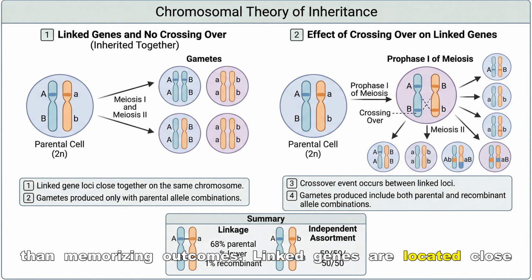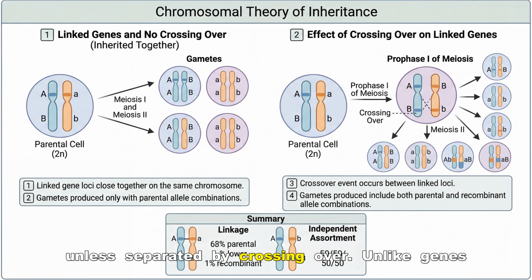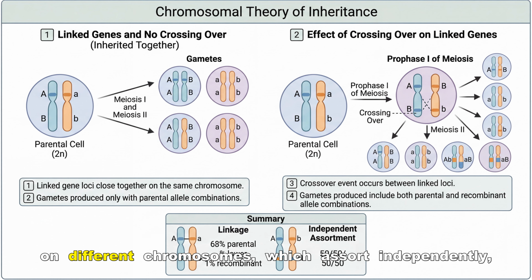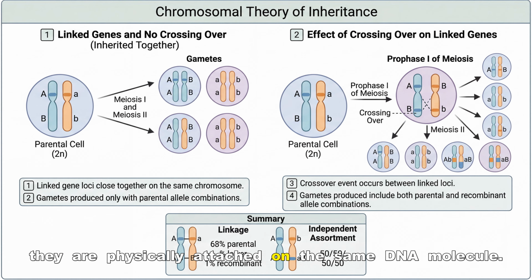Linked genes are located close together on the same chromosome and tend to be inherited together unless separated by crossing over. Unlike genes on different chromosomes, which assort independently, linked genes travel together during meiosis because they are physically attached on the same DNA molecule.